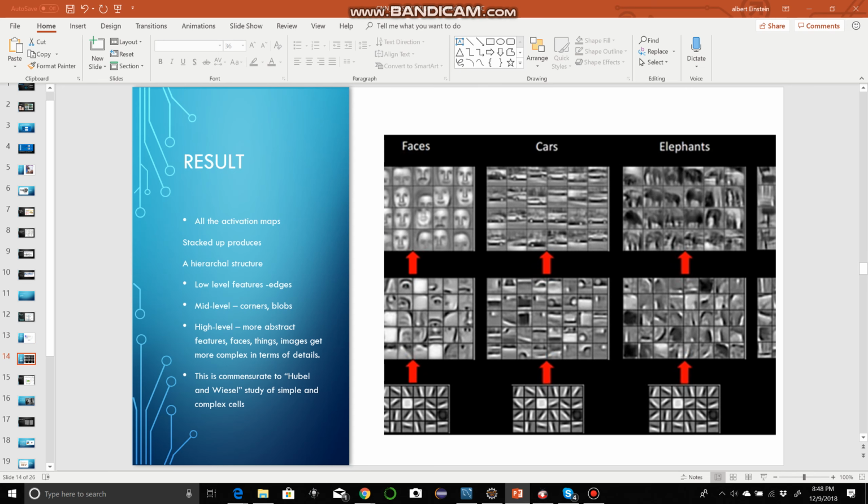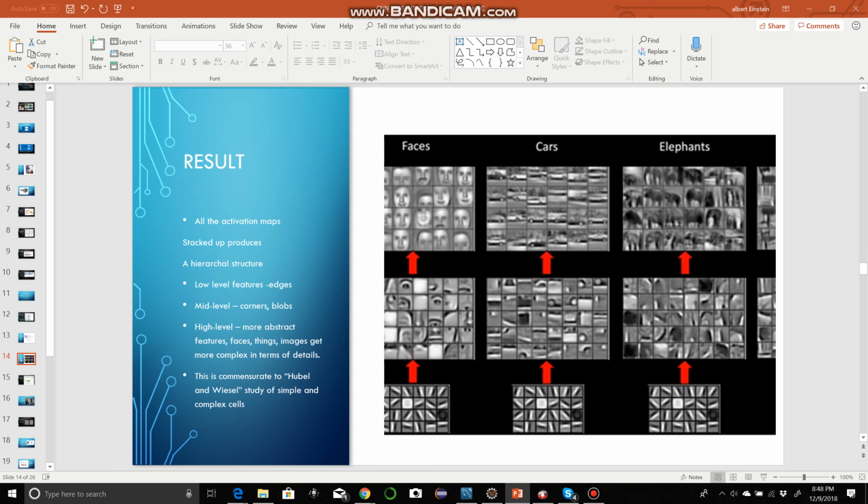These are what we call low-level features, edges. And then maybe mid-level would be corners or blobs. It's starting to get some real images that you can make out, like an eye or a mouth. Here's going to be a car, so you can see a tire, maybe a quarter panel. And then high-level, more abstract features, faces.